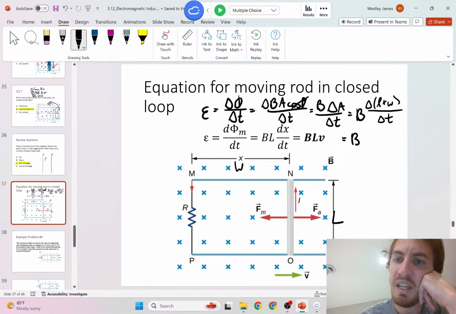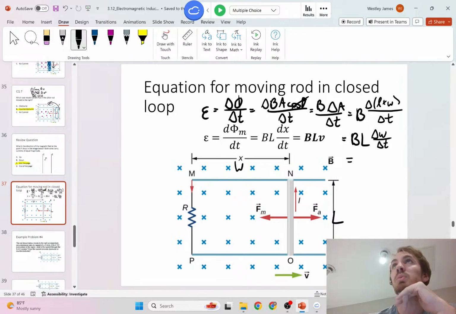So I get BL, change in width, change in time. And if you remember from your physics 1, let's just use the variable on this picture. The width is x here, that's how far. Change in x over change in time is just velocity.